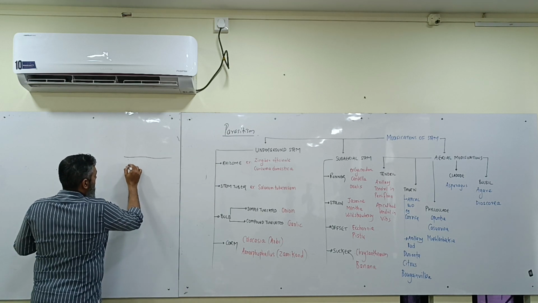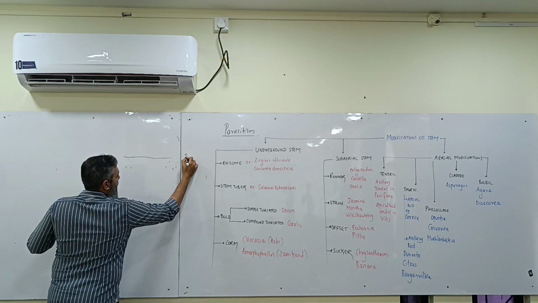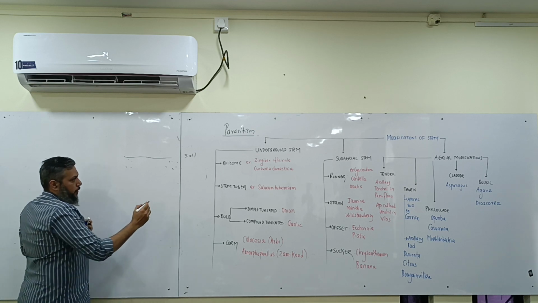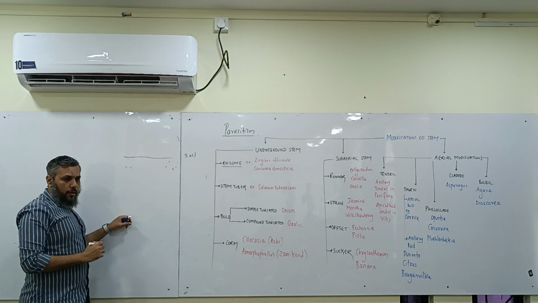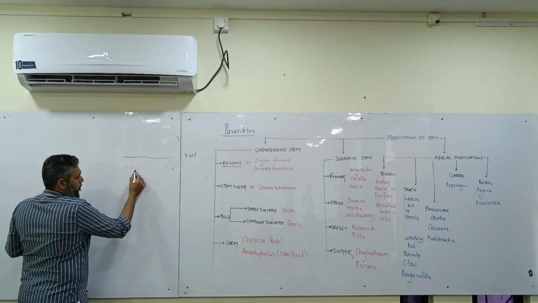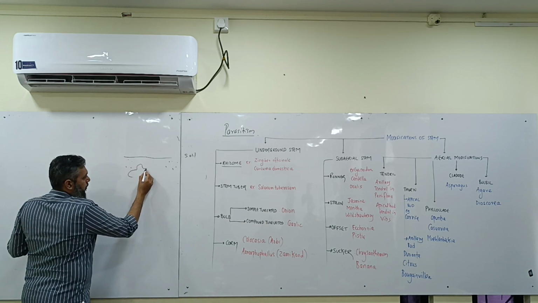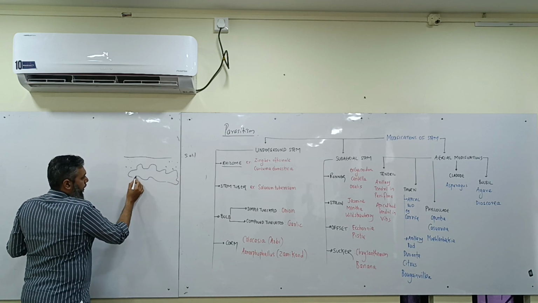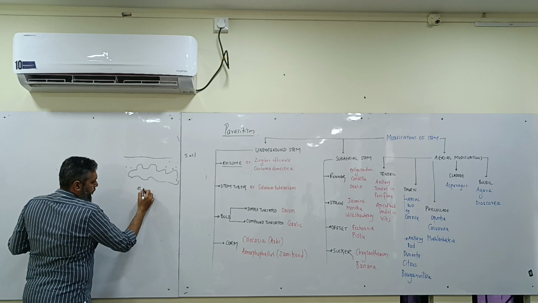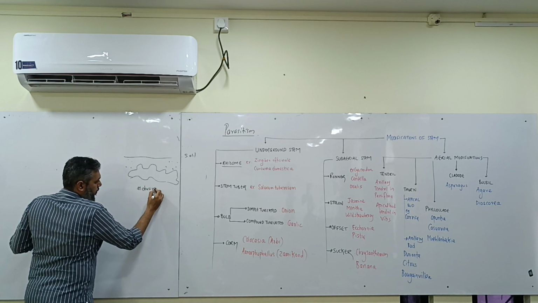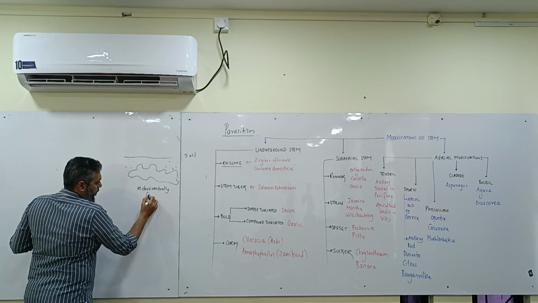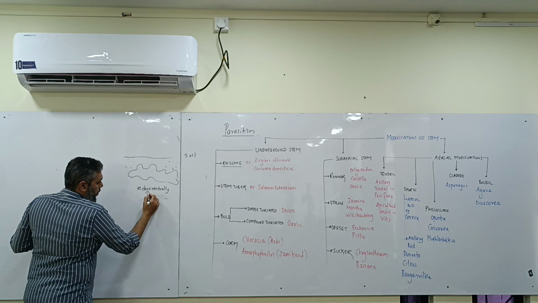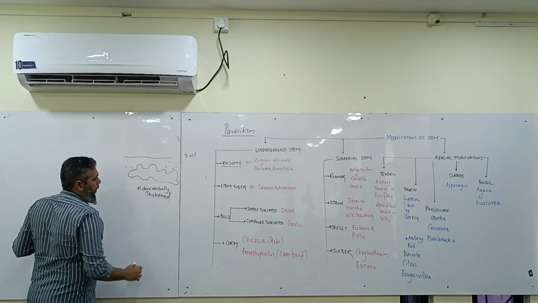So this is the soil surface. Okay. And what happens is, in an underground stem, the first modification that I have mentioned, what is it? Rhizome. In this case, the underground stem is dorsiventrally thickened.